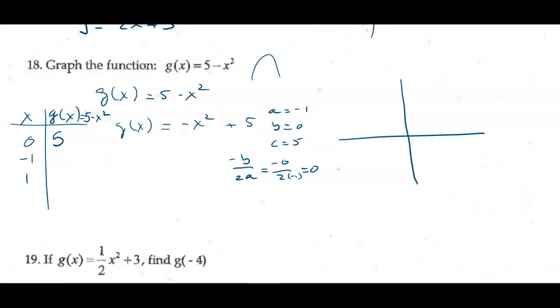Plug in negative 1. Negative 1 squared, 5 minus 1 is 4. 1 squared, 5 minus 1 is 4. So let's see what we have so far. 1, 2, 3, 4, 5. And then we have 1, 4. So you will very quickly start to see this equation and what it looks like. And then you can graph it. Okay.